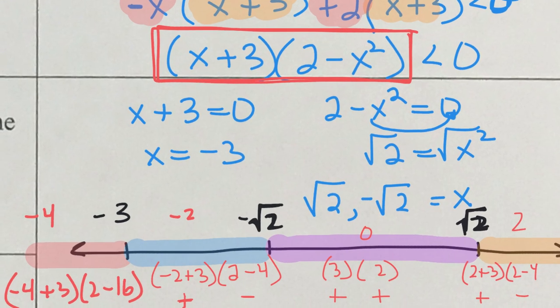We notice that it's positive to the left of negative 3, so that's not part of our solution. Okay, we notice that it's negative between negative 3 and negative root 2. Right, so this is part of our solution, and because it's strictly less than, we use parentheses. Right? It's positive between there, so that's not part, and then it's negative again after positive root 2.